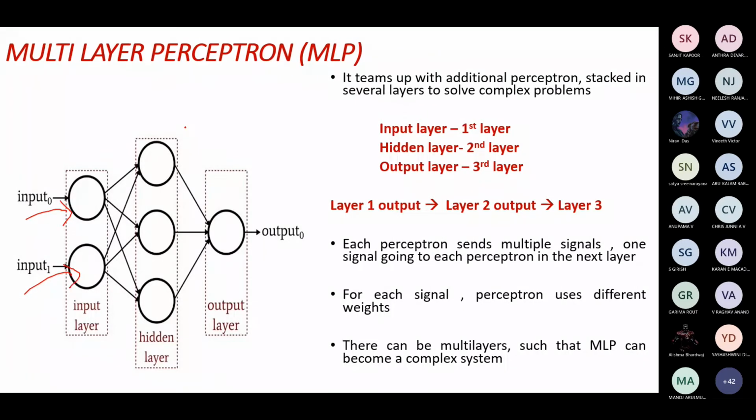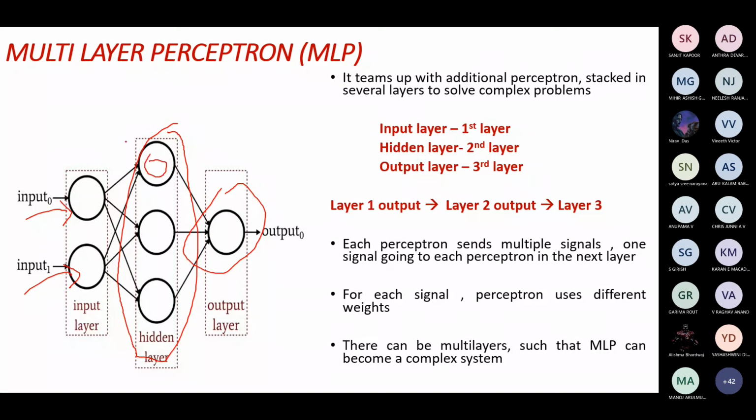Layer 1 output is given as the input to the hidden layer. In this layer it will do two functions, the summation and the activation, and this output is given as an input to the next layer.